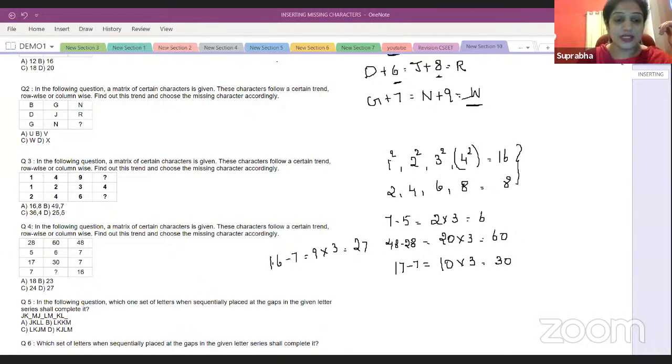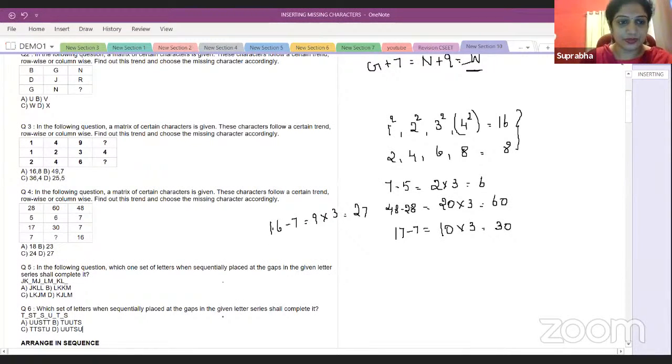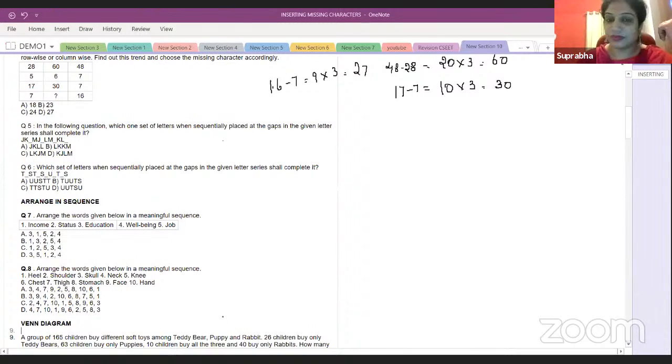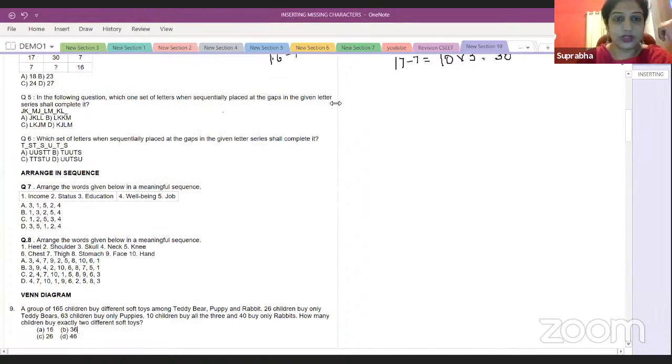So when such kind of question comes, what you have to do, you have to try all the options if possible. But if you get a pattern in the first answer itself, then don't waste your time. So we'll just put here J, K, M, J, L, M, K, L dash.